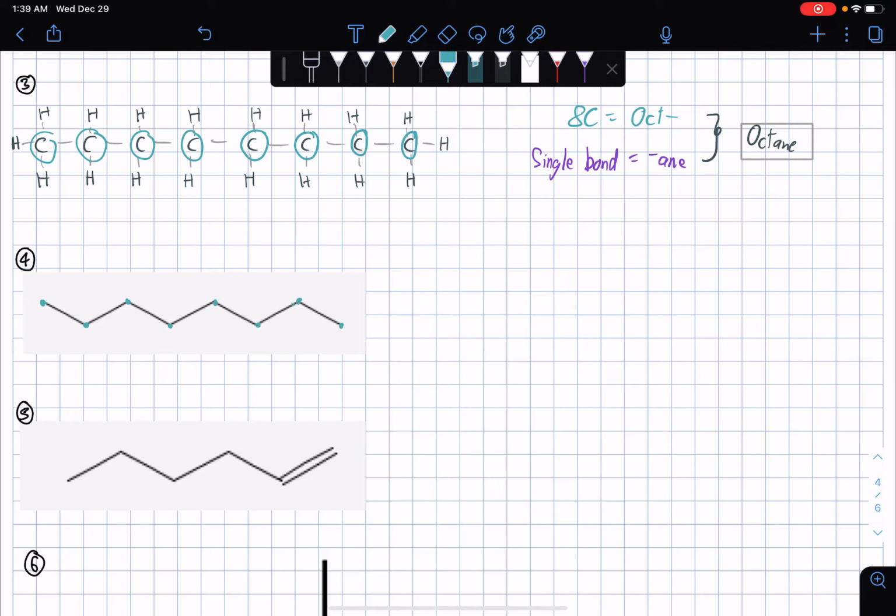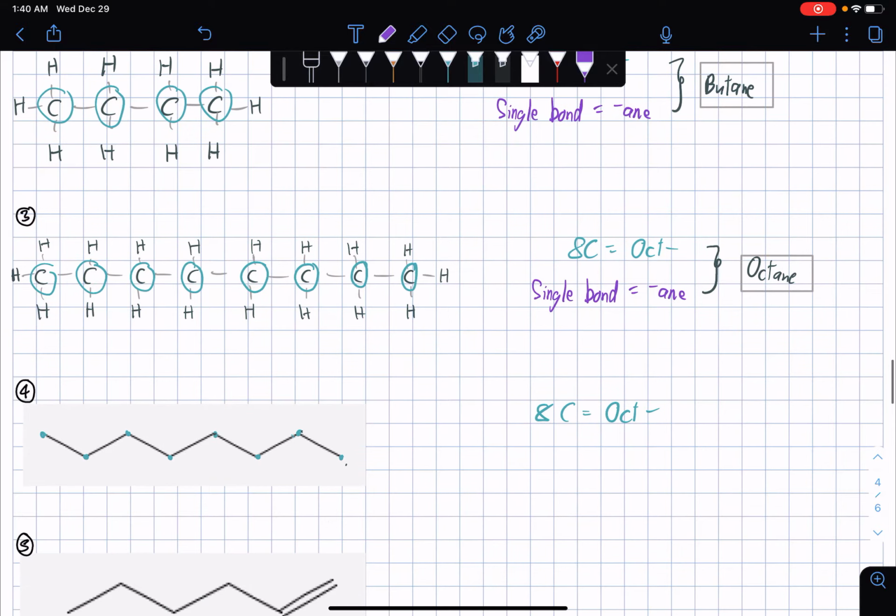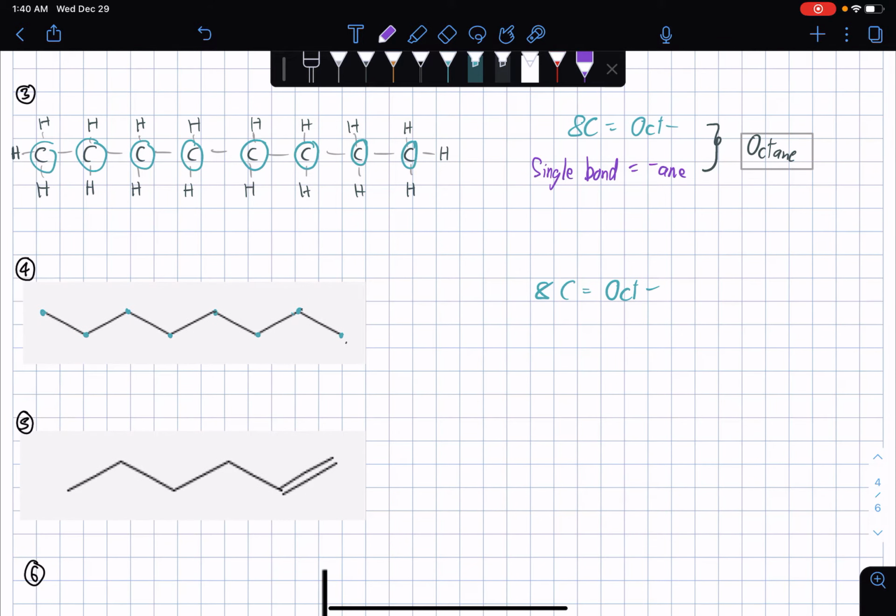The zigzag line will always be the parent chain, which is the longest one. So we count here 1, 2, 3, 4, 5, 6, 7, 8. We have a total of 8 carbons, which is equivalent to the prefix oct. Now, we acknowledge that the structure is a single bond. There is no such thing as the one we see in number 5. So this is a single bond.